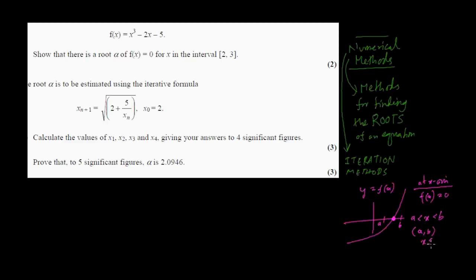Now if it is written like this, where a and b themselves are included, we write it with a square bracket, [a, b]. So when we write it like this, it means the root is between a and b, but the root can also be either a or b. That's what it means. So let's get back to the main sum, and one thing I must mention is, if you notice carefully, you will see the root will only be between here if at one value the picture is below and at another value the picture is above.